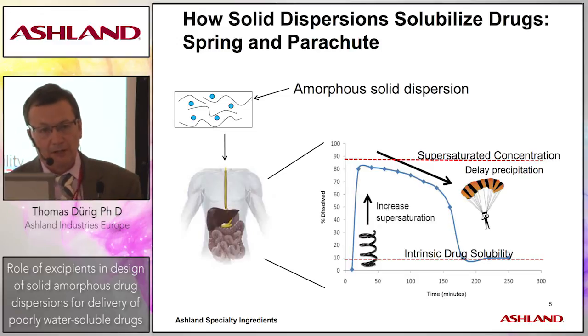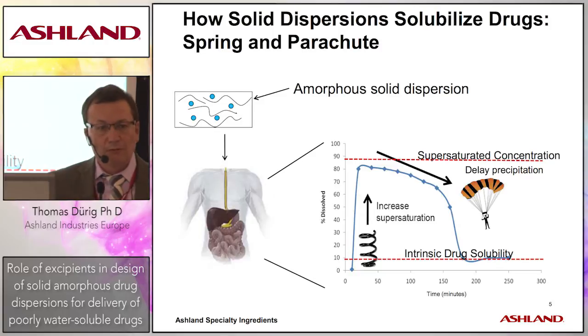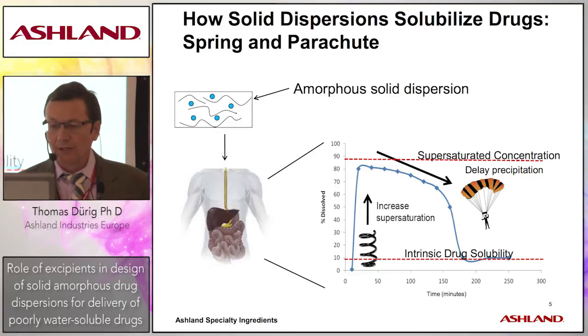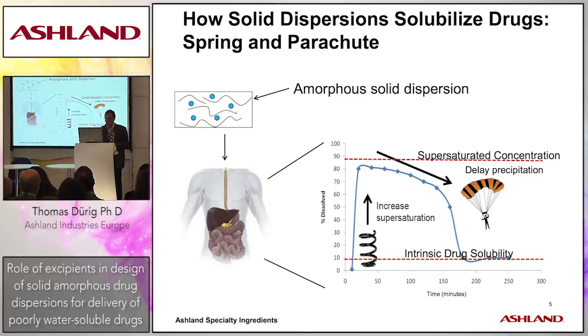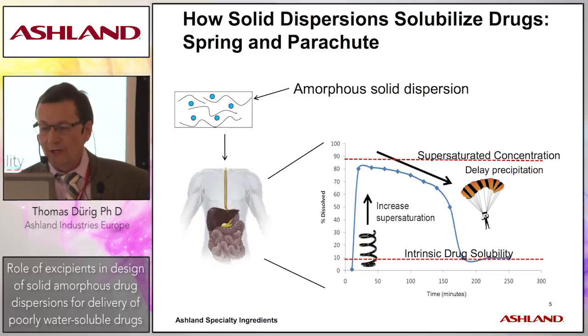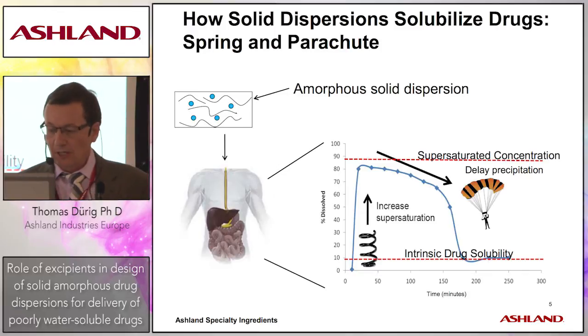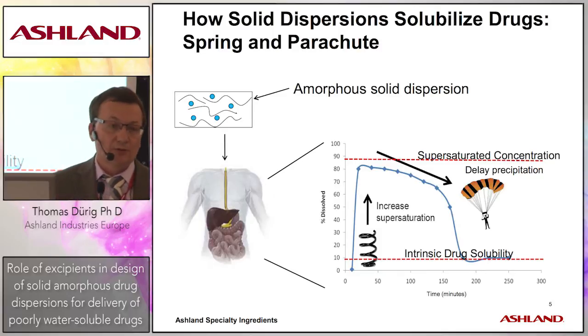So the other benefit and the other purpose of doing an amorphous dispersion, if it's done well, is that you might be able to induce what's called the parachute effect. So instead of a rapid precipitation, a rapid crystallization, what you'll have is a more gradual decrease in concentration over time, so that we actually have a nice long absorption window that might last up to 2 hours.